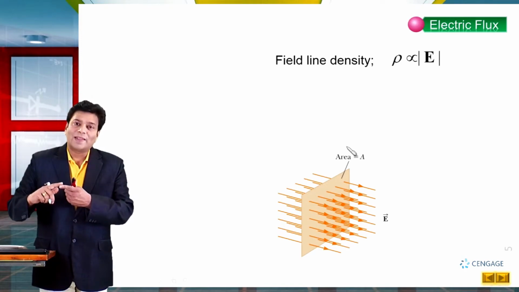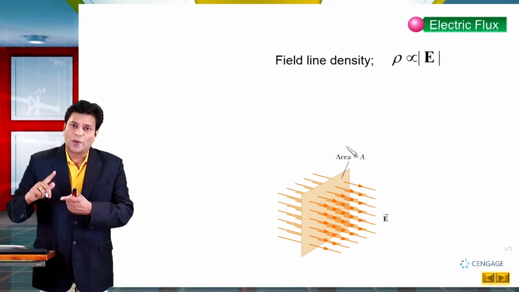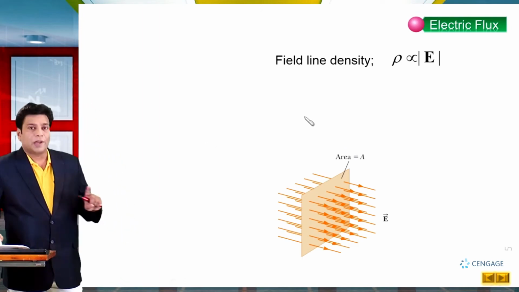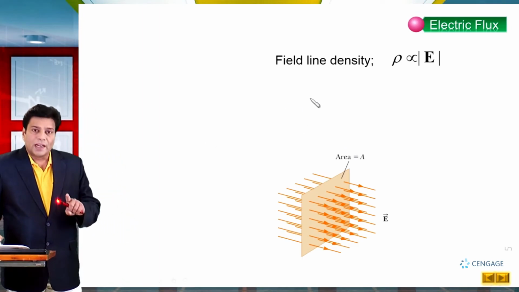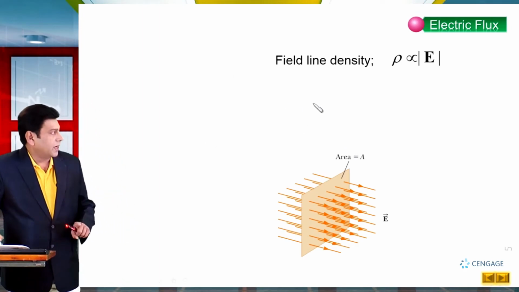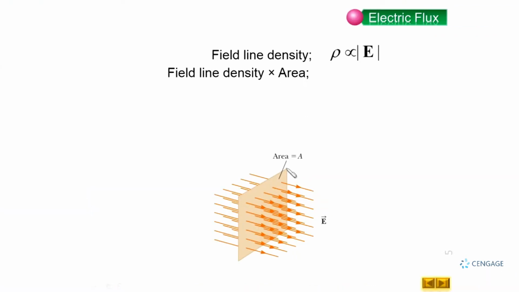Let us multiply this electric field line density with the area of the surface. This area is capital A. So let us multiply capital A on both sides of this equation. This equation will become rho multiplied by A proportional to E multiplied by A. Here rho is equal to the number of field lines per unit area, and we multiplied by area.